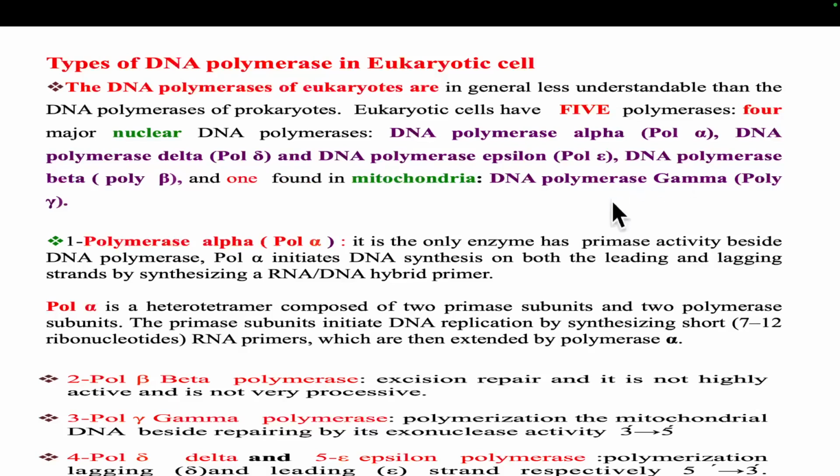That is gamma. So you have to remember which enzyme is used for mitochondrial DNA amplification: that is polymerase gamma.